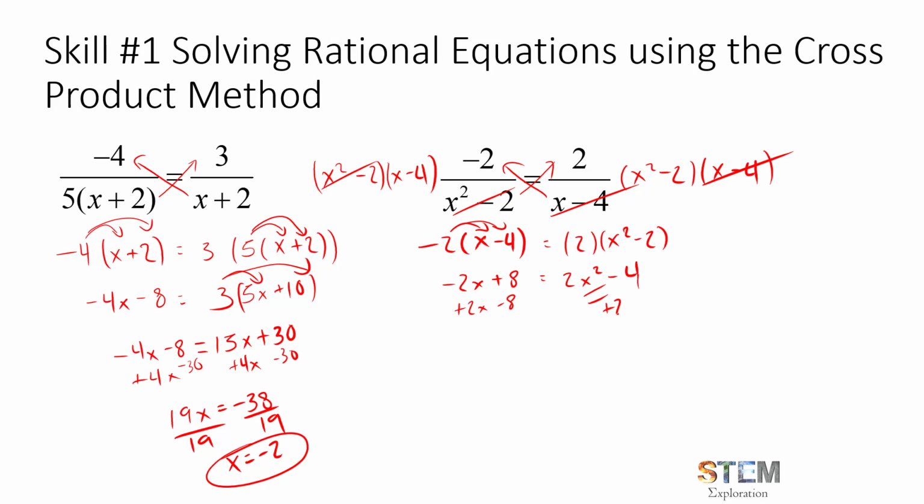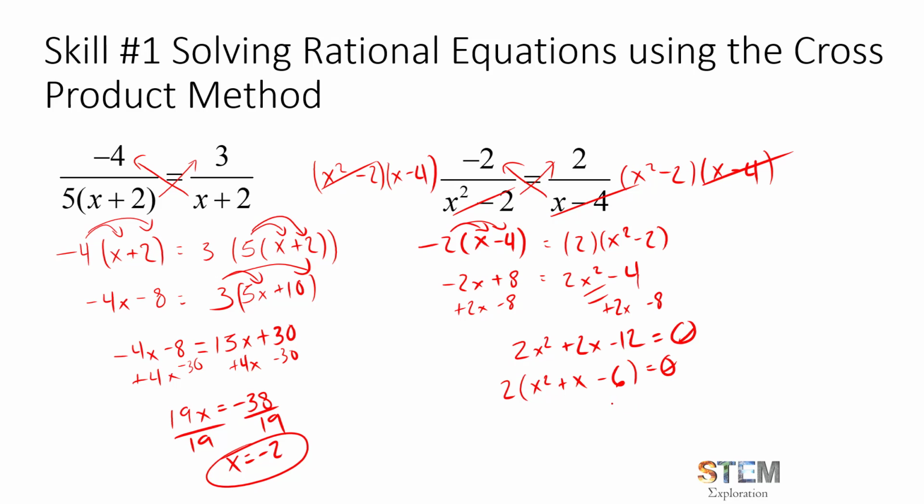So add 2x and minus 8, then that'll give me 2x squared plus 2x minus 12. And I'm just going to pull a 2 out of this entire thing real quick. If I pull a 2 out of all 3 terms, this will give me x squared plus x minus 6 all equals 0.